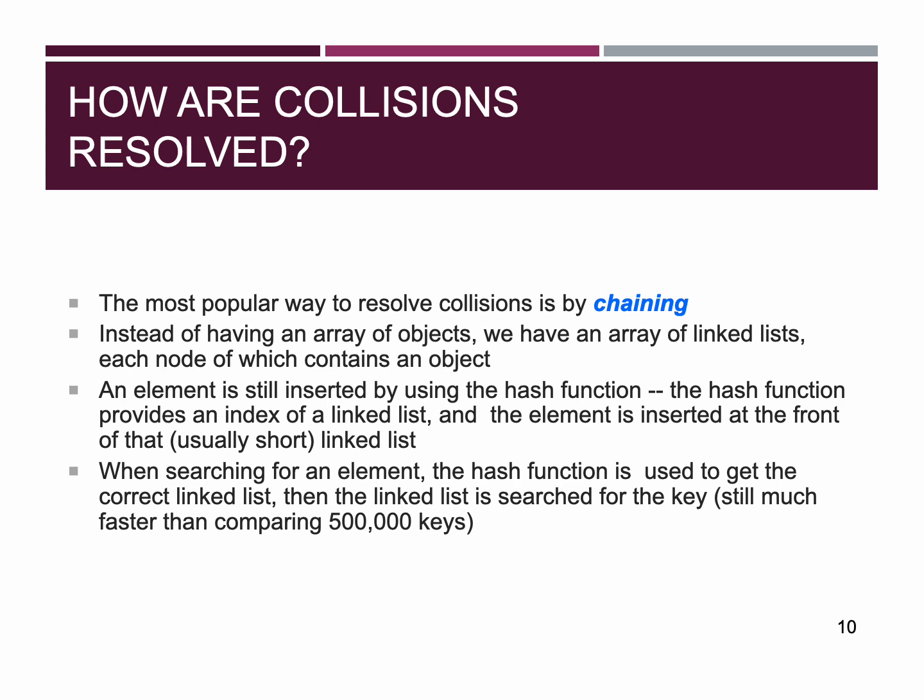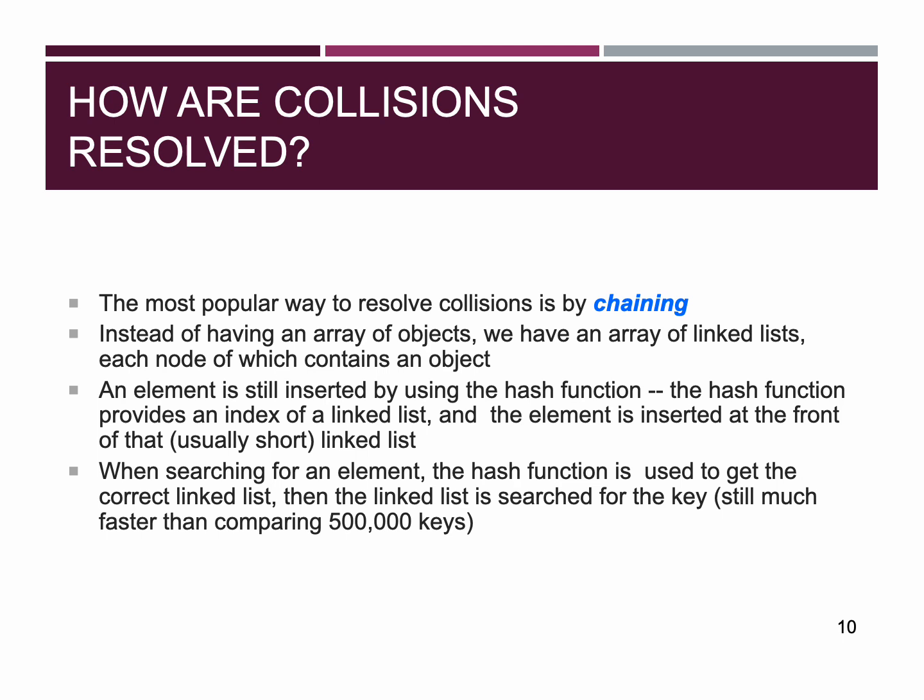So when searching for an element, we apply the hash function to determine the index, and then we search through the linked list at that index. This approach is still much faster than searching through the entire dataset, especially in large hash tables.